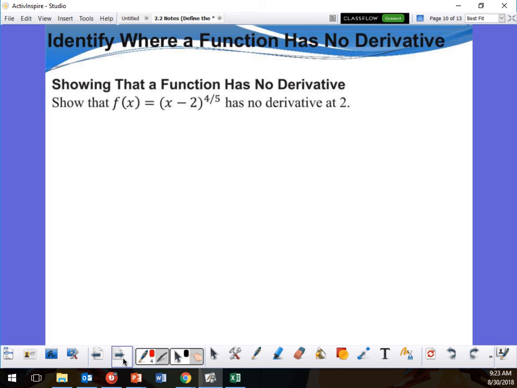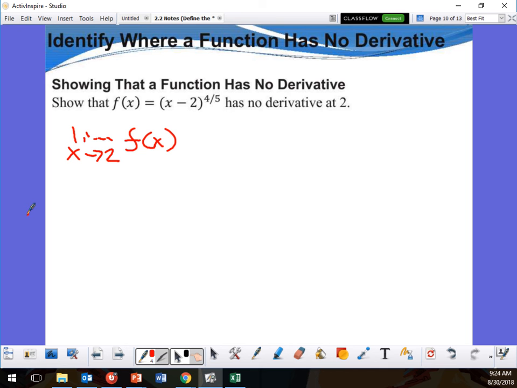Start off with, okay, has no derivative, so let's check the sides. Starting with the limit as x approaches 2 of f of x, so it has to be continuous.